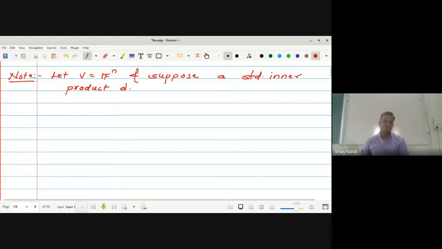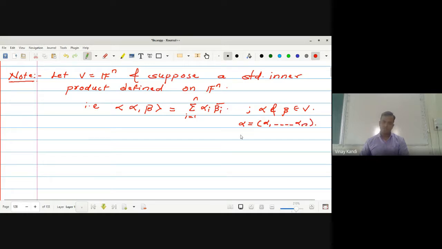That is, the inner product of alpha and beta is equal to the summation, i running from 1 to n, of alpha_i beta_i bar, where alpha and beta are two elements of V. Alpha is equal to (alpha_1, up to alpha_n) and beta is equal to (beta_1, up to beta_n). This is the standard inner product defined on F^n.